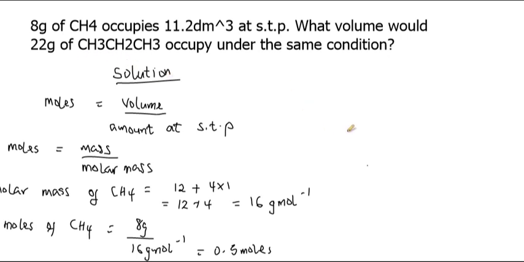So that means we've gotten the amount at s.t.p using the same formula. We've gotten the amount at s.t.p for propane, that is the molar volume of the gas. The number of moles is what we'll be calculating, while the volume will remain unknown. So to proceed, the next thing to do now is to calculate the number of moles of propane.